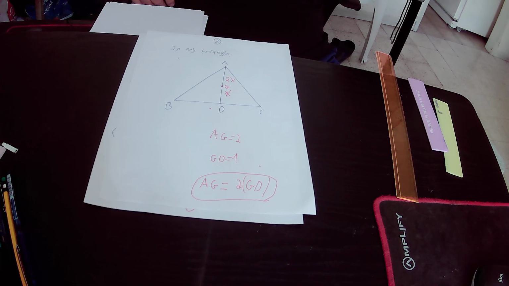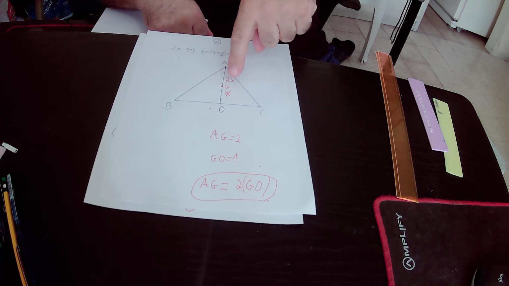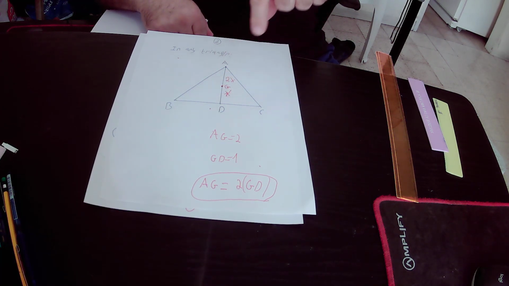Then, according to this rule, the centroid G divides the median AD in a relationship that equals 2 to 1. Again, the centroid G of triangle ABC divides the median AD in a relationship of 2 to 1.